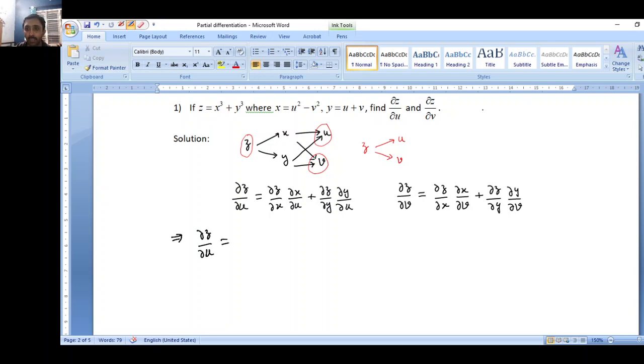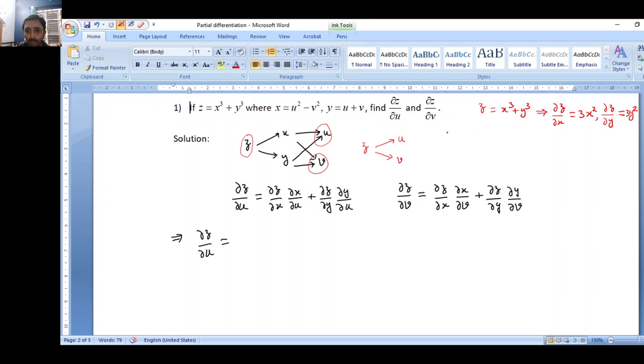So as we can see here, let's write it down. z is given to be x cube plus y cube. So if z is x cube plus y cube, dou z by dou x is simply 3x square, and dou z by dou y is going to be 3y square.